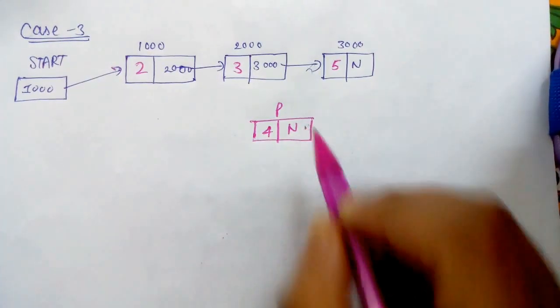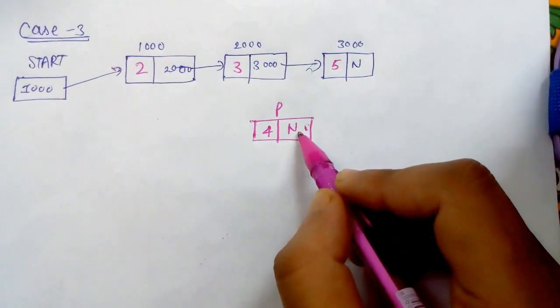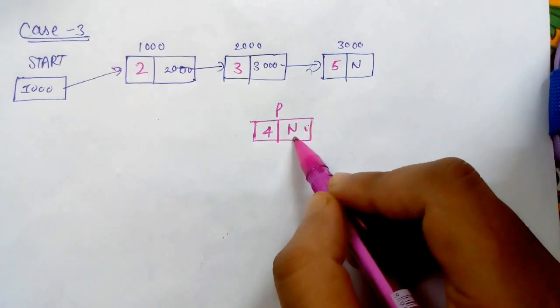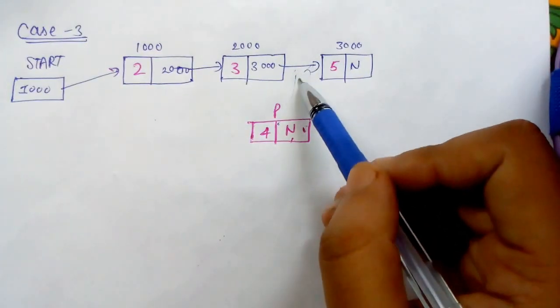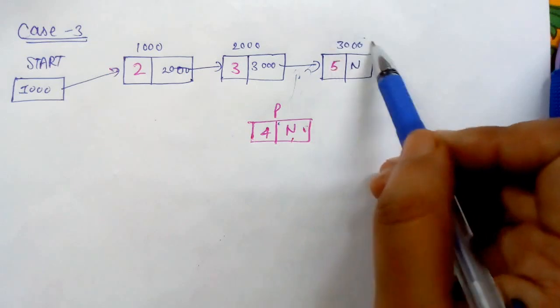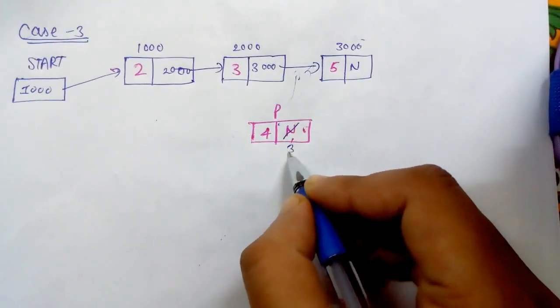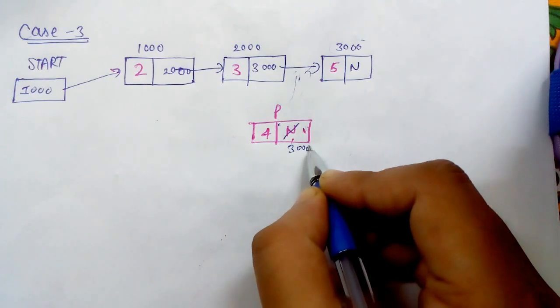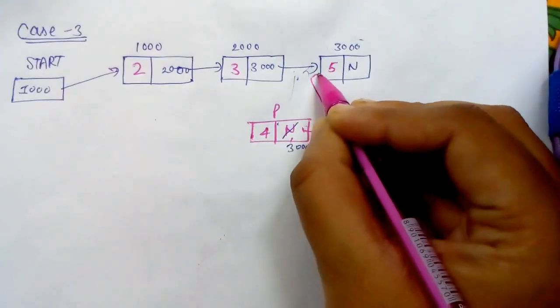If I want to place this node in between, the P link part should contain the address of the next node, and if this node is placed here, the next node will be this one, which means the P link part should contain 3000. Then only can it be linked to this node.